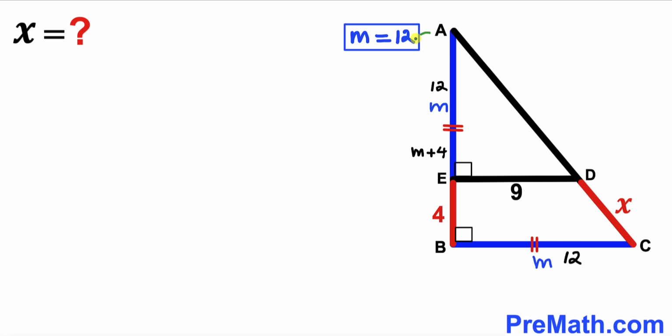The whole side AB length is m plus 4, which is 12 plus 4, giving us 16.